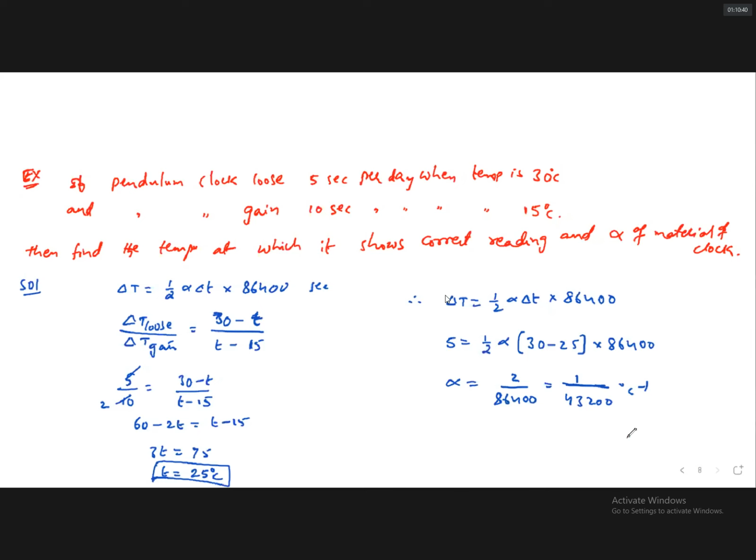Now, bimetallic strip. A bimetallic strip is generally made up of two different materials riveted together.